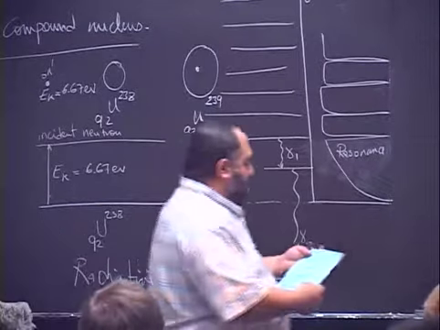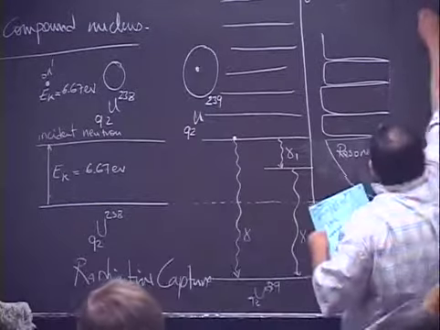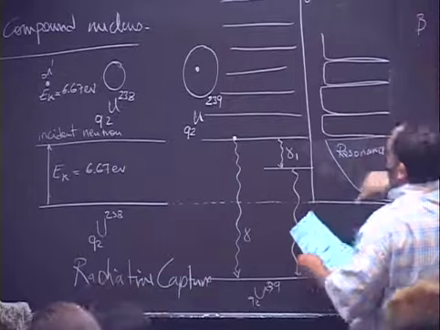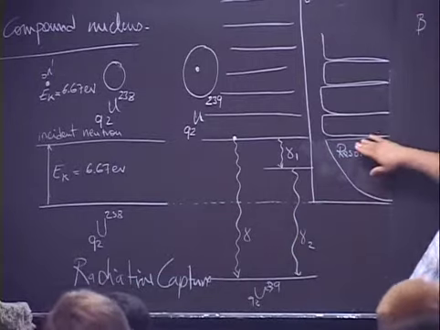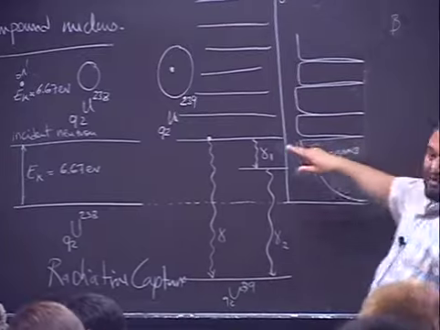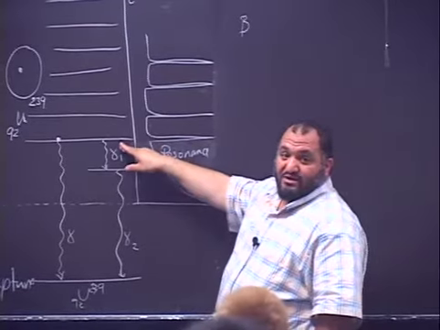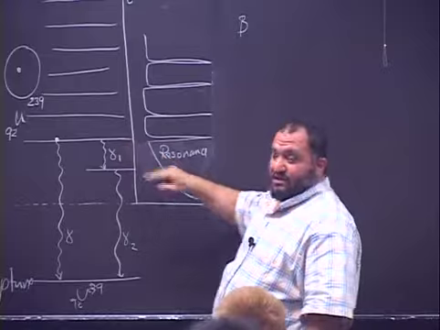In the gamma reaction, there is a formula that represents the resonance, how the cross section looks in the vicinity of the resonance itself.